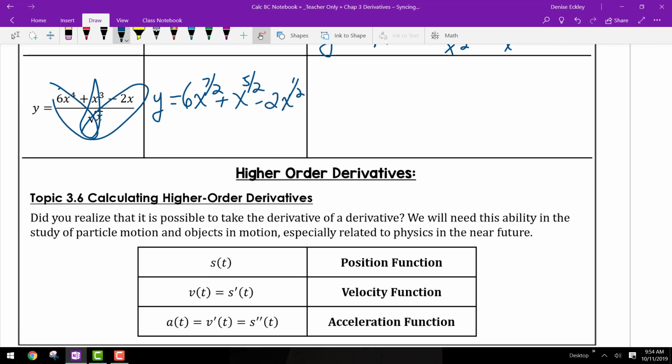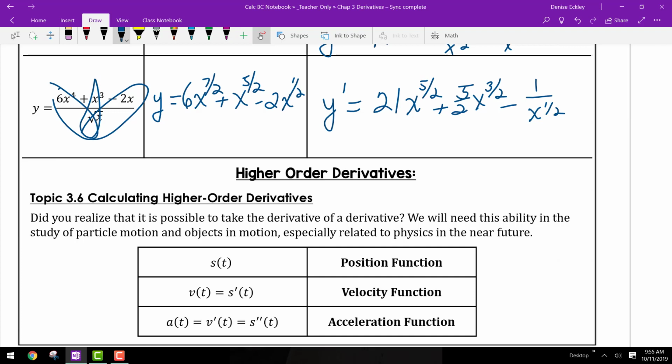Now I'm just going to use the power rule and simplify, so I get y prime equals 21x to the 5/2 plus 5/2 x to the 3/2 minus 1 over x to the 1/2. And that's fine. You don't have to simplify it any more than that.